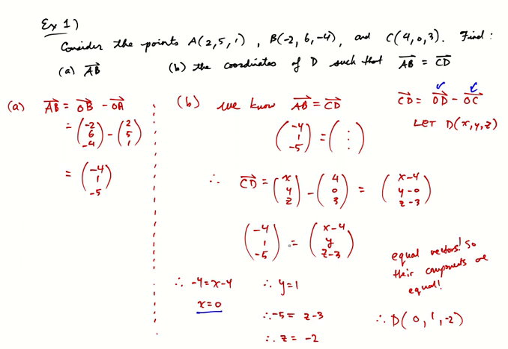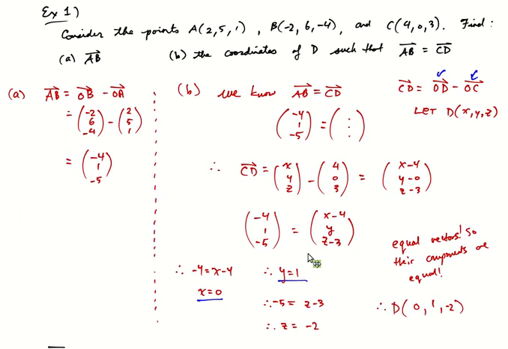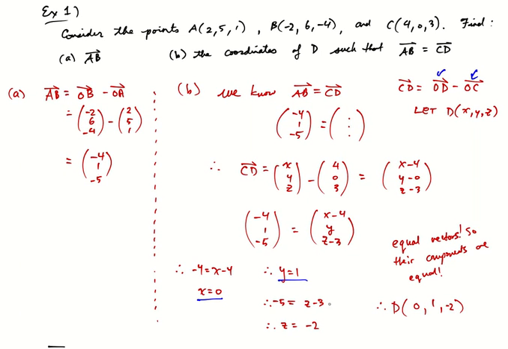I have 1 is equal to y, which is nice, so that's one value right there. And I have -5 is equal to z minus 3, which leads me to z equals -2. So there I have my variables x, y, z. We said D was this point, so D is (0, 1, -2).